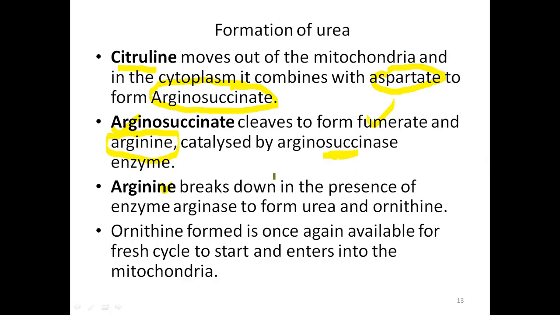One is it results in formation of the ornithine, and while forming ornithine, there is formation of another important molecule, that is the urea. Okay, so that is the last step of the urea cycle or the ornithine cycle or Krebs cycle, resulting in the formation of urea.